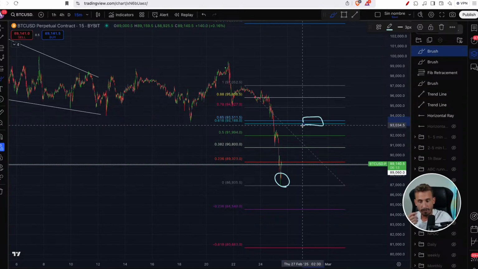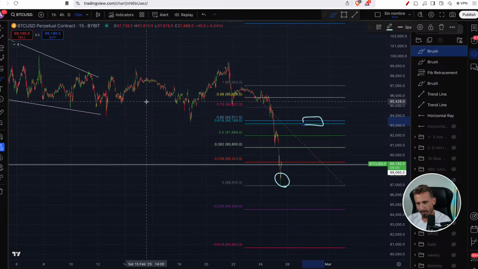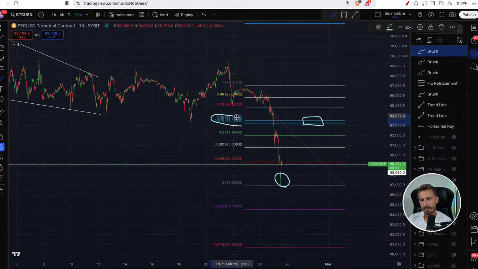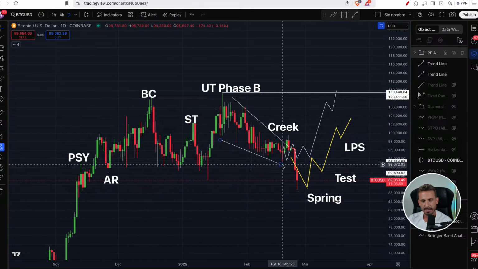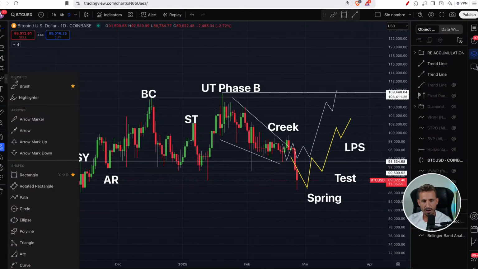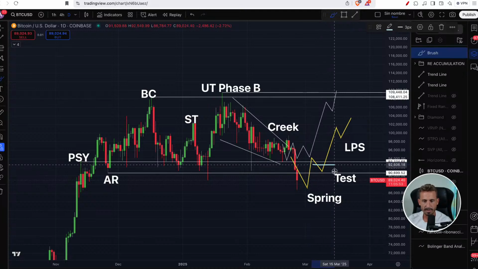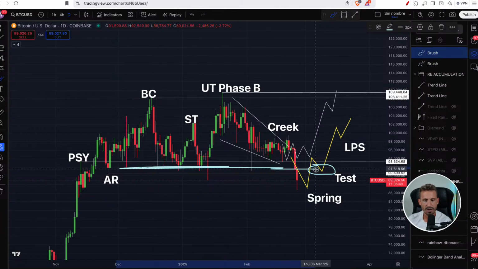I mean, we're only $4,000 away. It's not that far away. If the price bounces from here and hits the golden pocket, we could consider already that the spring point and the retest of the support could be in formation, testing the lows of the range.